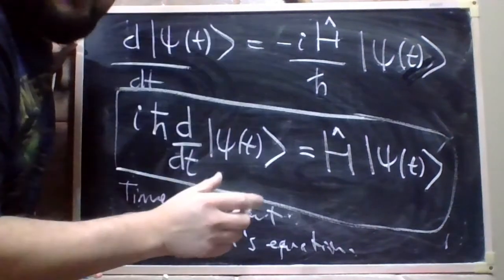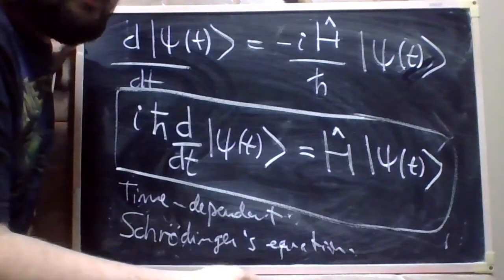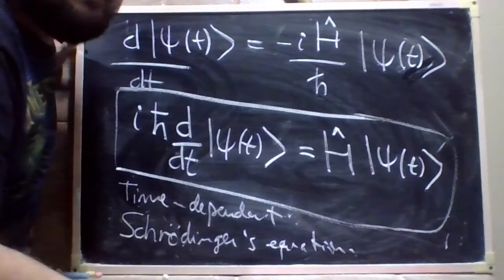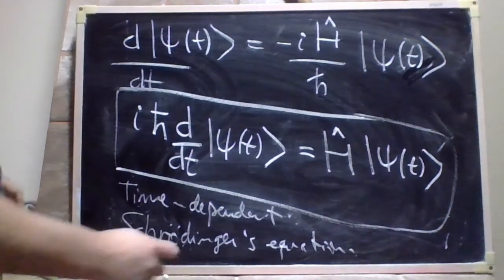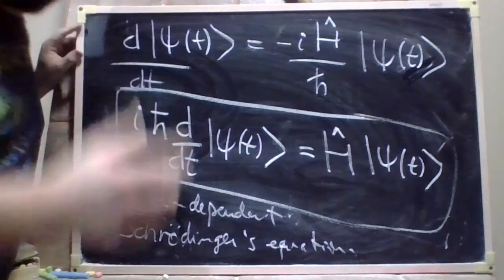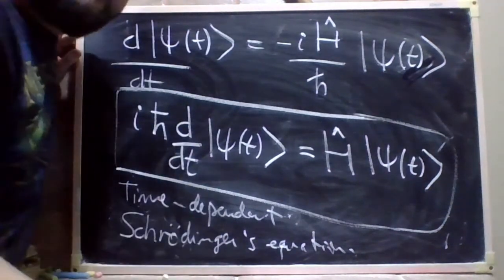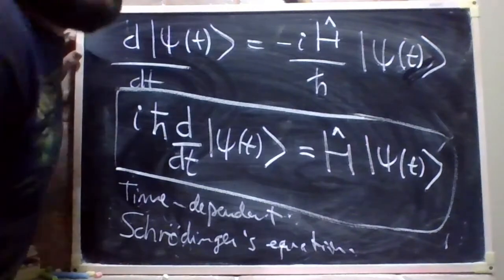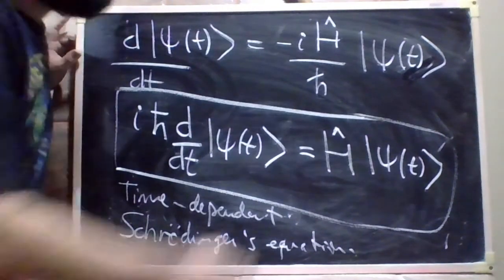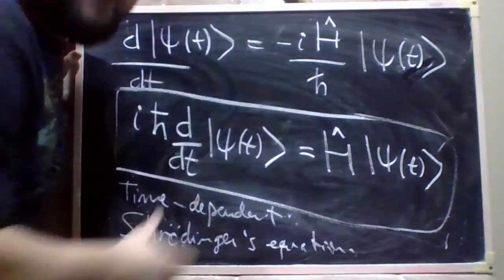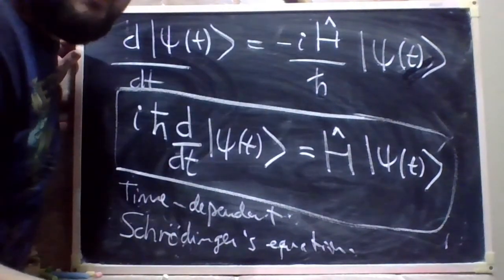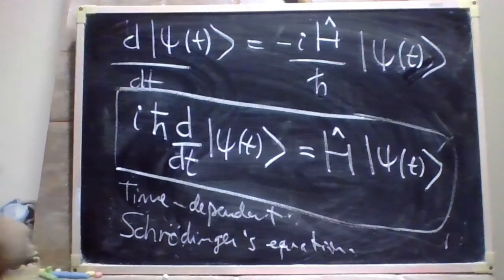And given that state at the initial time, at the same time, the probability is always 1. All right? So what is the probability of an event given that event? It is 1, right? So the size of the state vectors in quantum mechanics must be preserved.